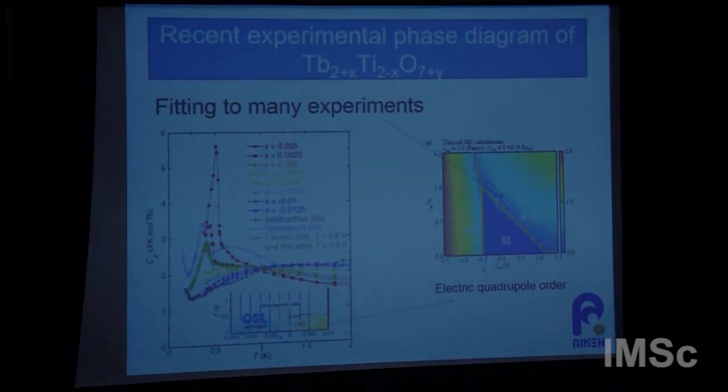If they draw a phase diagram and plot the peak temperature of the specific heat, then these are this curve and these points. So probably this would be a sign ascribed to some kind of phase transitions.